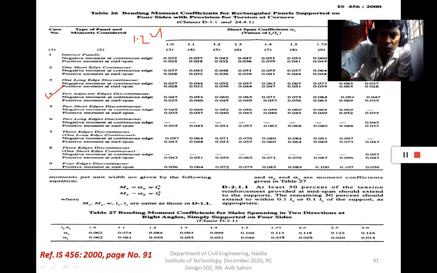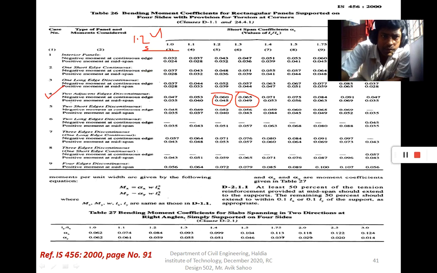So the value should be within 1.2 and 1.3. This is an intermediate value between 1.2 and 1.3, so linear interpolation is carried out.